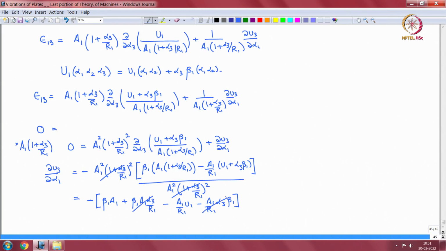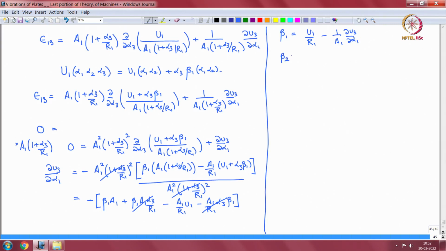Then for beta 1 I have U1 by R1 minus 1 by A1 del U3 by del alpha 1.